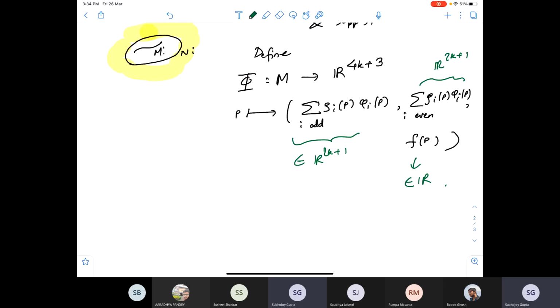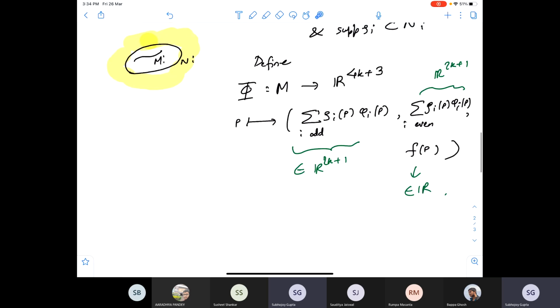If you define it like this, the first thing to notice is that this is certainly well defined. Both the terms cannot be 0.